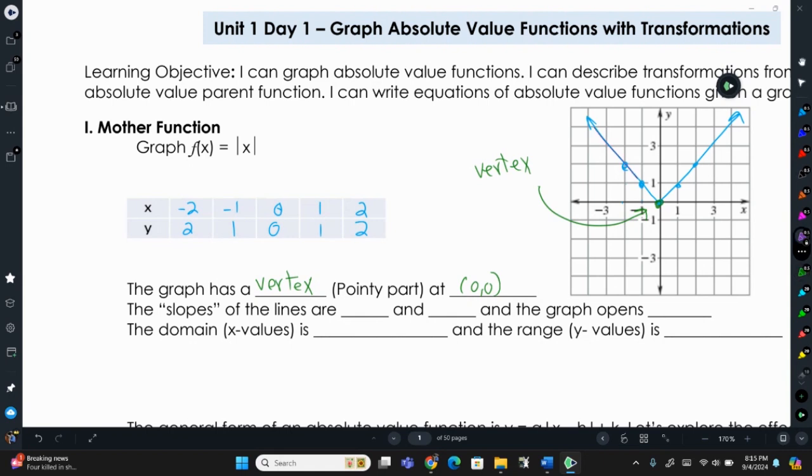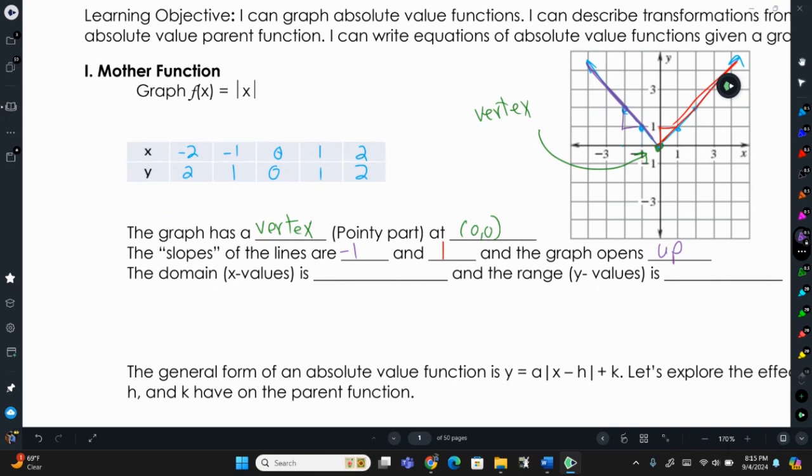We have this line that has a negative slope and this line that has a positive slope. So the purple one has a slope of negative 1, down 1, right 1. And the red line has a slope of positive 1, up 1, and right 1. And this graph opens upwards, so up.